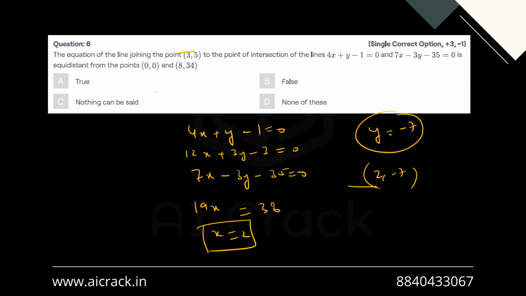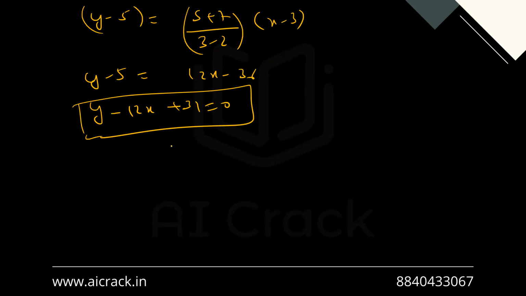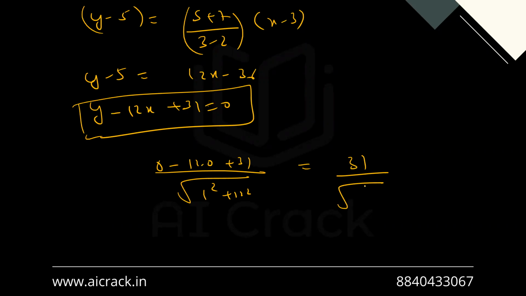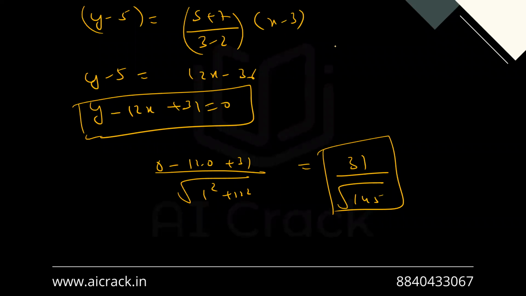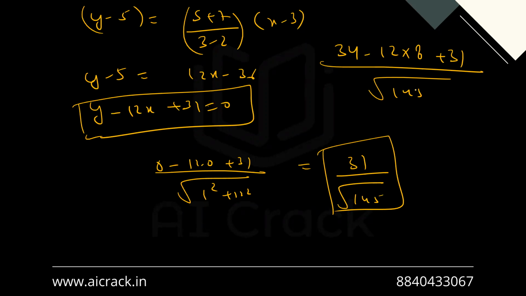Now we have to find out the distance of (0, 0) and (8, 34) from this line. So the perpendicular distance would be, if I apply the formula over here, |0 - 12 times 0 + 31| divided by under root 1 square plus 12 square, right? That would be 31 by root 145, right? Now if I take this point (8, 34), that would be |34 - 12 into 8 + 31| divided by under root 145, right?